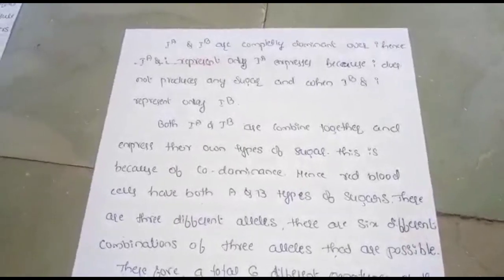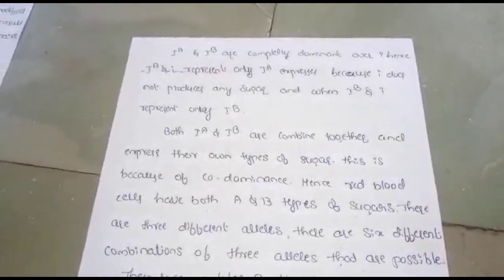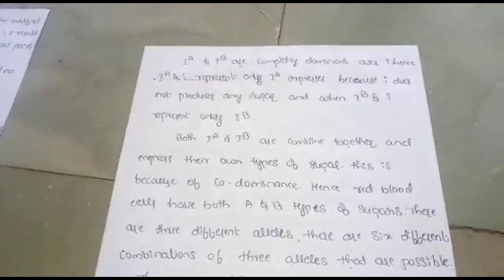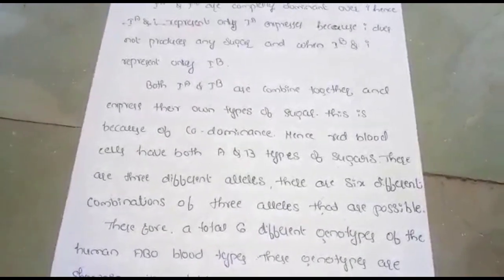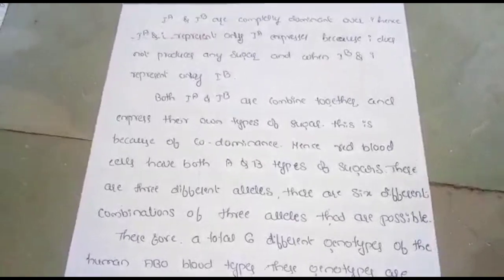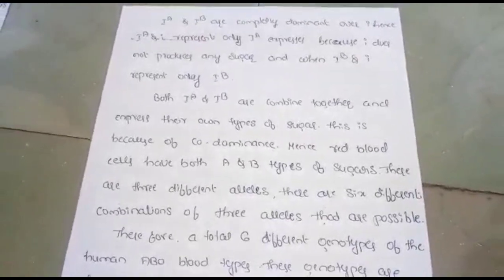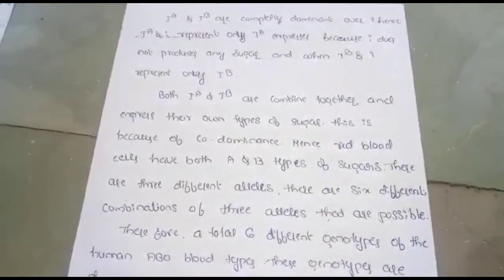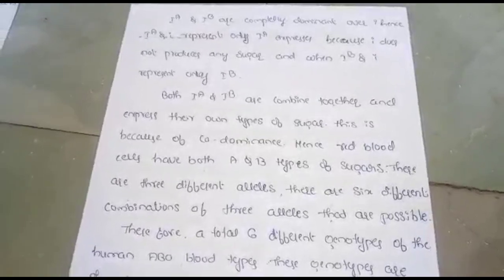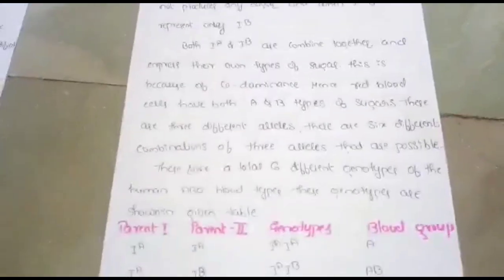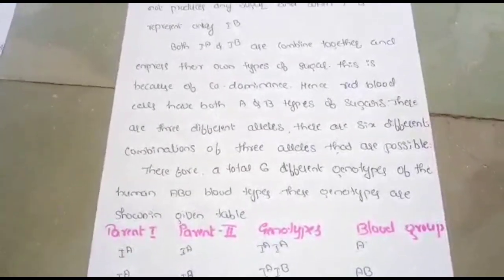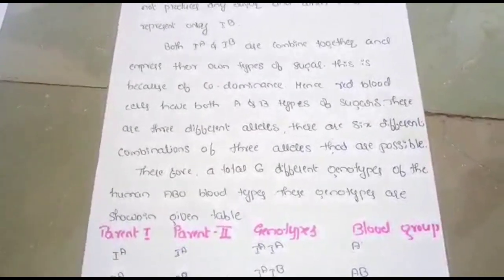Hence the red blood cells have both A and B type sugar molecules. Three different alleles are present, and combinations of these three alleles are possible, so in total there are six different genotypes in the human ABO blood group types.